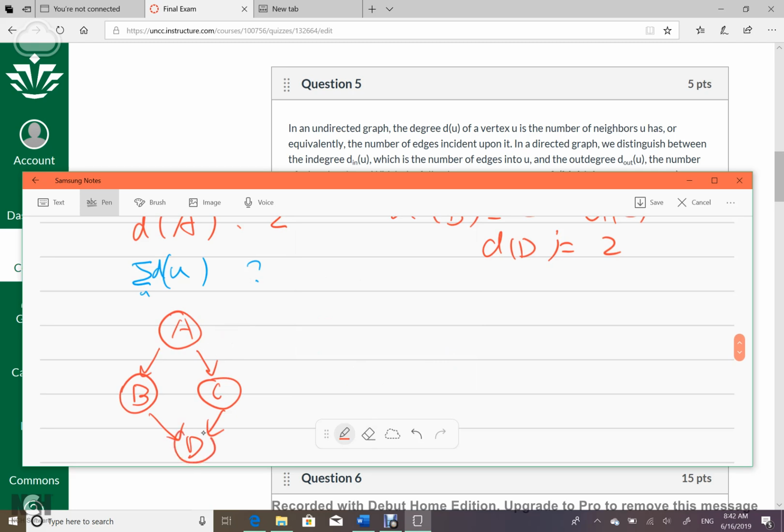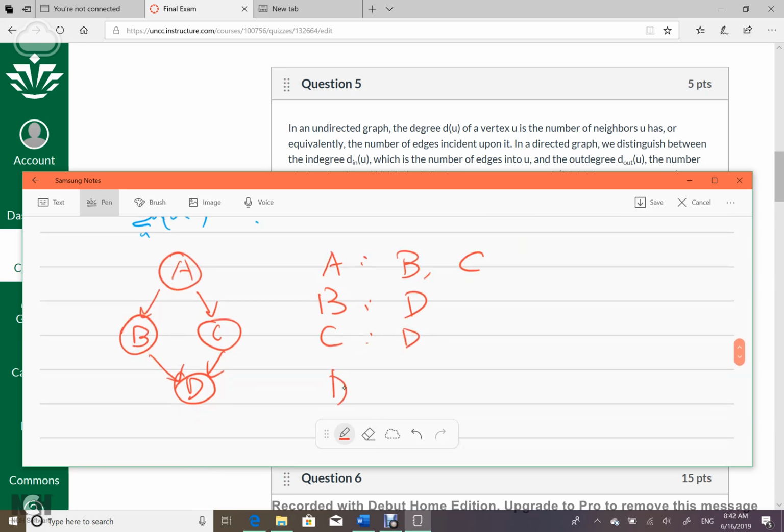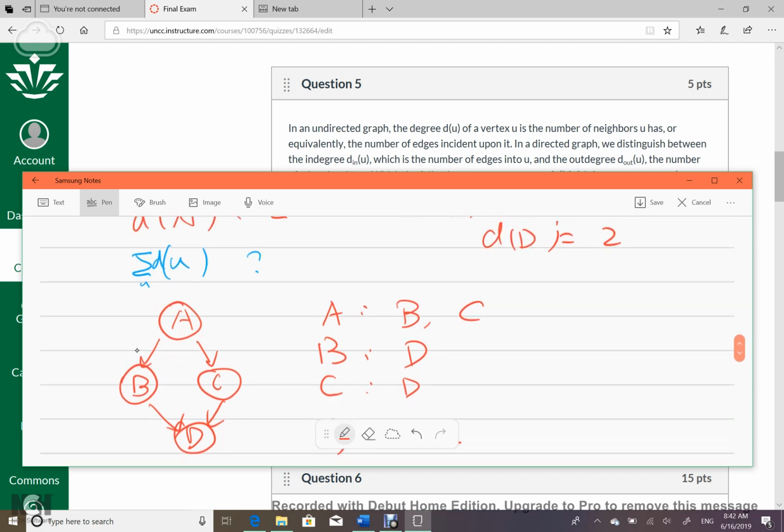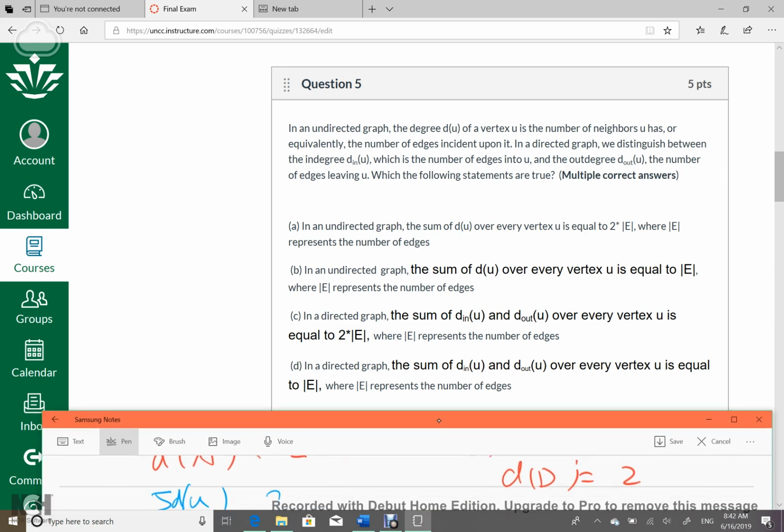A connects to B and C, B connects to D, C connects to D, and D has no place to go, right? So in that case, we don't double count.